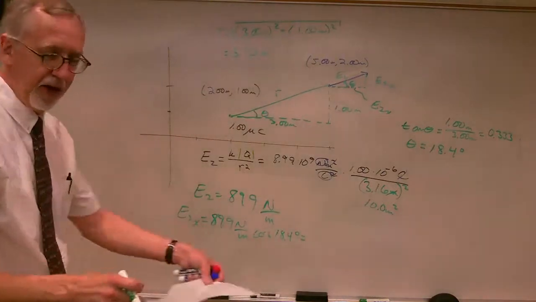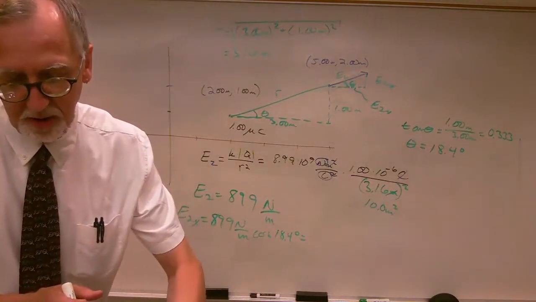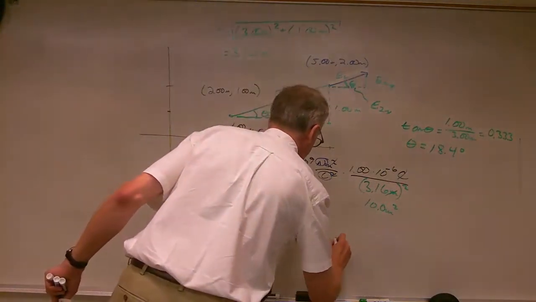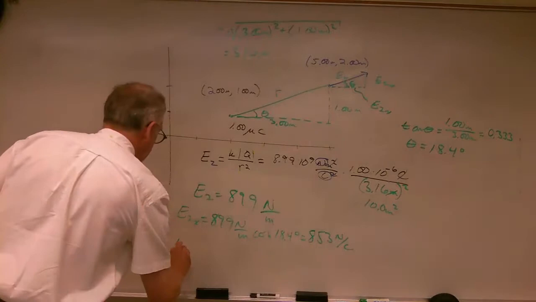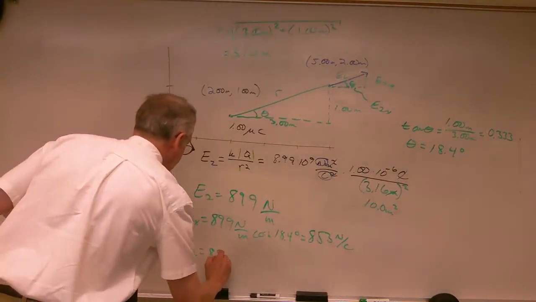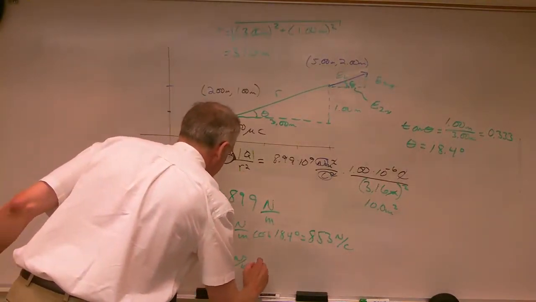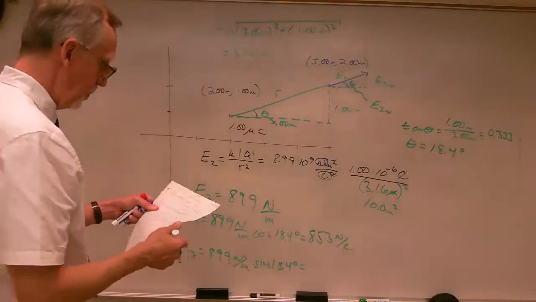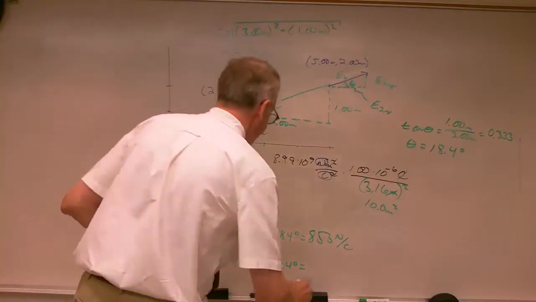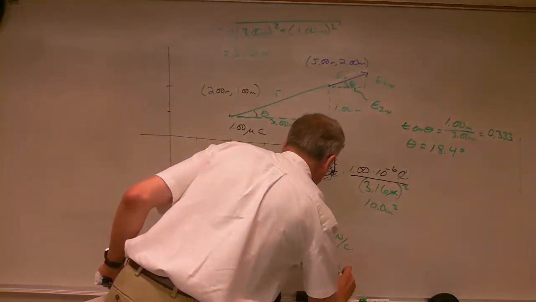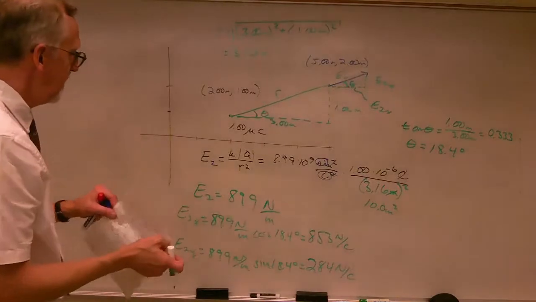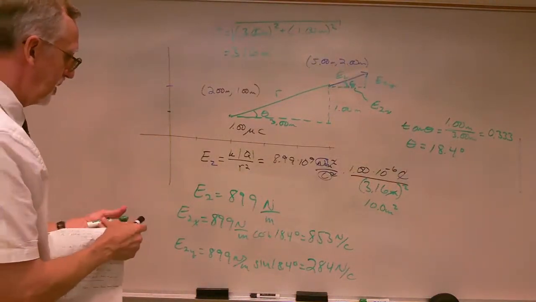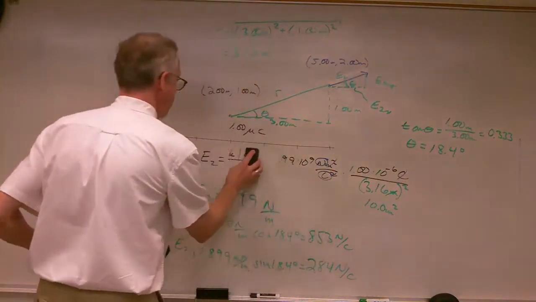We multiply that out and we get 853 newtons per coulomb, while E2y will be 899 newtons per coulomb sine 18.4 degrees. Multiply that out and we get 284 newtons per coulomb. There we go. And so we can write our final result for our electric field E2.